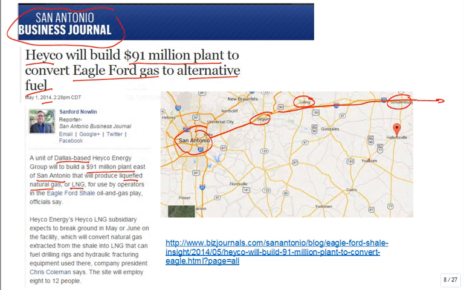Okay, so they expect to break ground in May or June and convert natural gas extracted from the shale into LNG that can be used to fuel drilling rigs and hydraulic fracturing equipment used in that vicinity. And it's not going to be a big employer, 8 to 10 people, but that's interesting, isn't it?